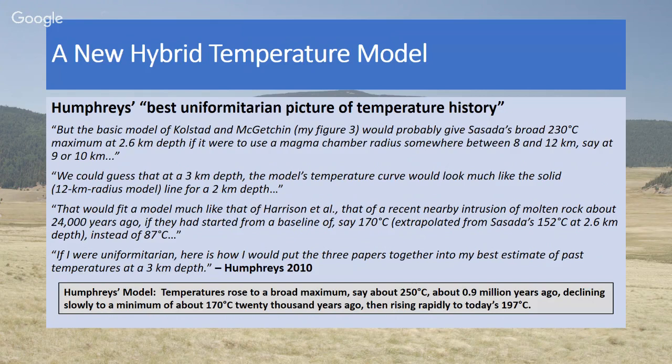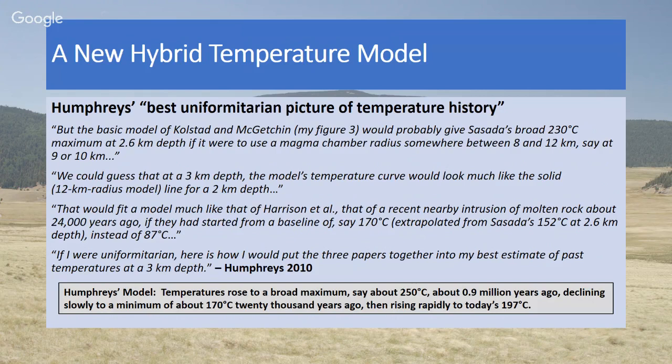So basically saying, well, I want a magma chamber, say 8 or 9 kilometers. I don't have any data for that. Kolstad-McGretchen never studied that, but they did do a 12 kilometer model. So maybe 12 kilometers at 2 kilometer depth would be the same as 8 or 9 kilometers radius at 3 kilometers depth. We're just kind of, we're guessing, basically.